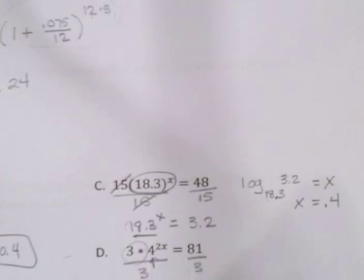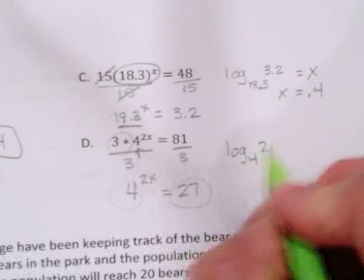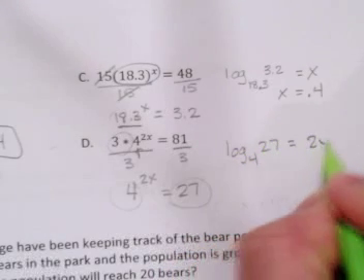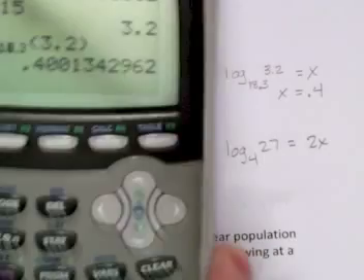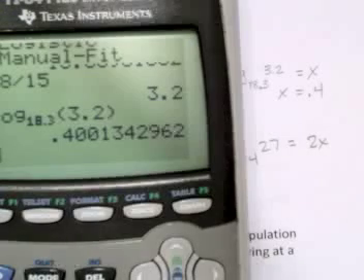And again, I can't rewrite 27 as some kind of base of 4. And so because I can't, I'm going to rewrite this as log base 4 of 27 is equal to 2x. And so I would use my calculator to evaluate log base 4 of 27.